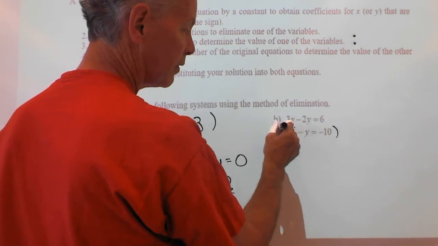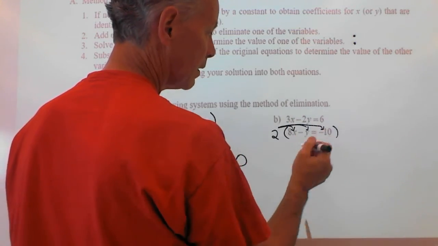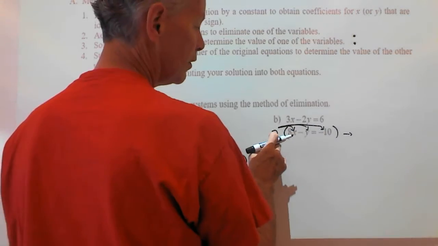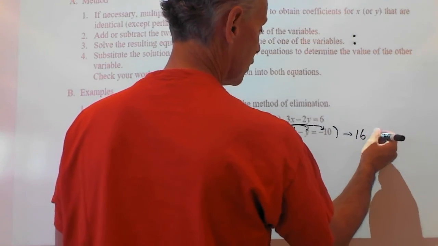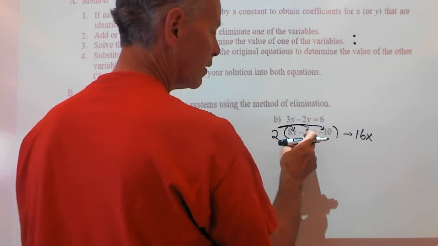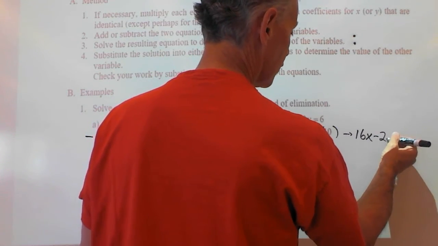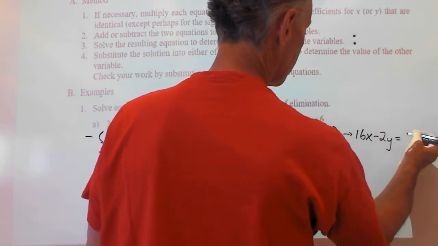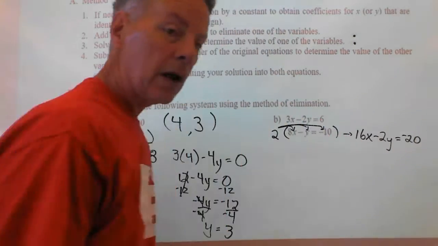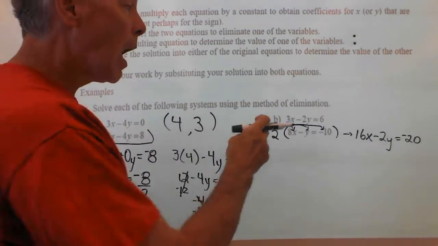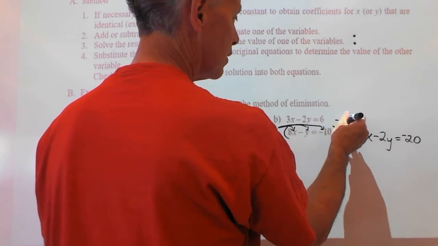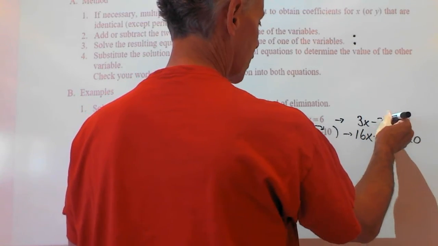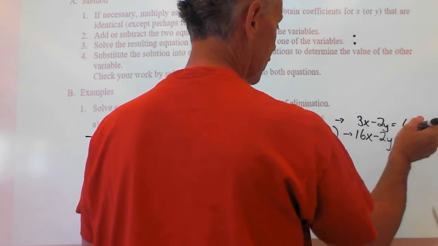Remember, we distribute, and that will give us a new equation, which I'll just write over here. 2 times 8x will give us 16x. 2 times minus y will give us minus 2y. Carry the equal sign. 2 times negative 10 gives us negative 20. I'm just going to rewrite this first equation so that it's still above this. So this is still 3x minus 2y equals 6.